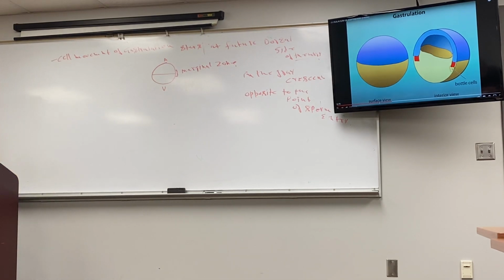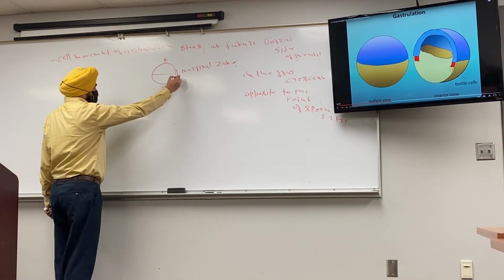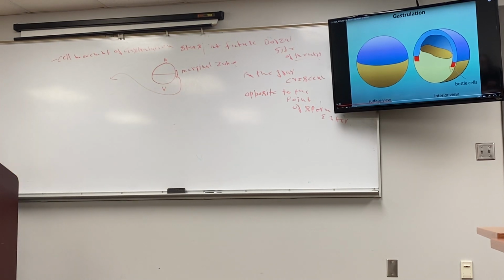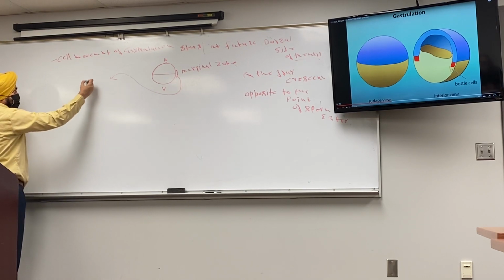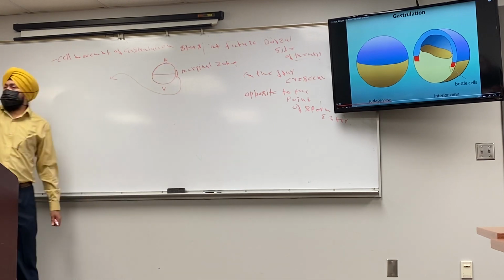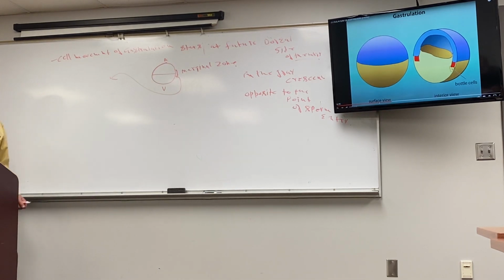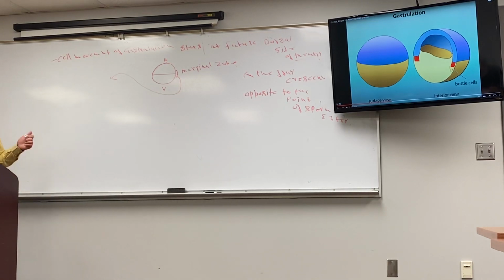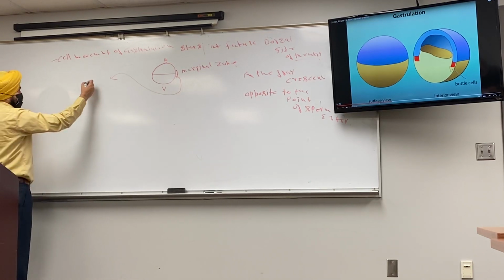If I make it a little bit bigger and look at the cells, I will see that the cells on the animal hemisphere are smaller, and the cells in the vegetal hemisphere are big.